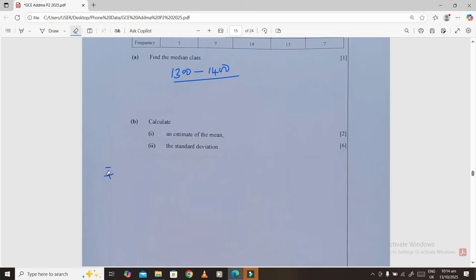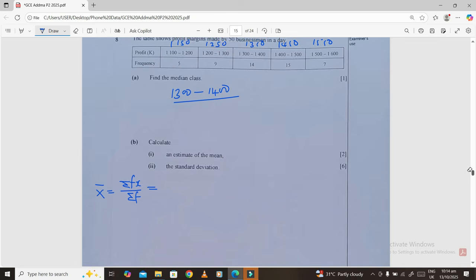So to find the mean, we know that mean is denoted using x bar. So we're going to say mean is equal to summation of fx over summation of f. So here you just get the frequency, the number which is down here, multiplied by the midpoint.